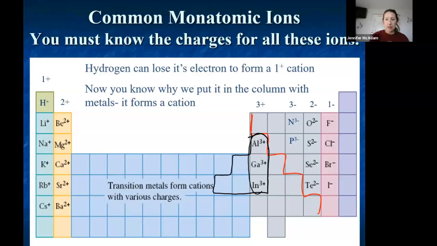There's 3 boxes that are all +3, 2 boxes that are all +2, 1 box that's a +1, right? Those ones do not need Roman numerals. So everything you see right now does not need a Roman numeral. The reason it doesn't need a Roman numeral is because the charge never changes. So for example, aluminum is +3 always and forever. It never changes, so we don't need a Roman numeral.